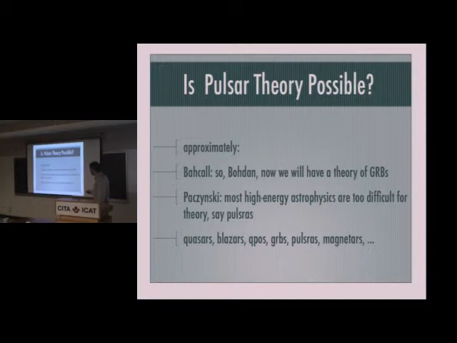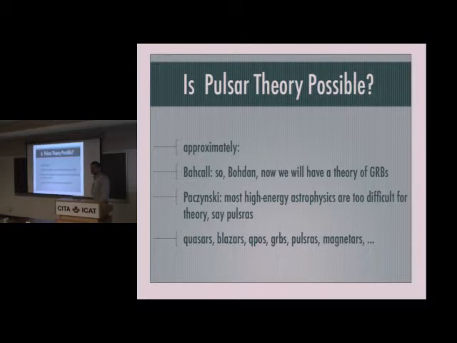We have all these fancy names: quasars, blazars, QPOs, GRBs, pulsars, magnetars, and so on. I wonder who invented this name, magnetar. So we have all these fancy names, and for each of those we have some fuzzy idea of what might be going on, but in almost no cases can we really calculate.